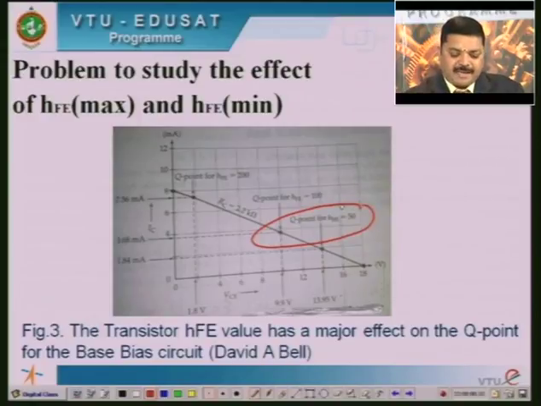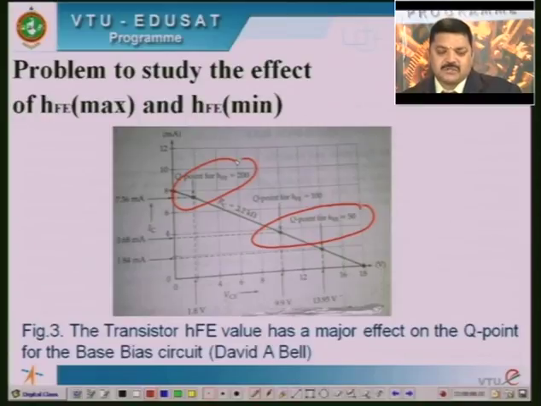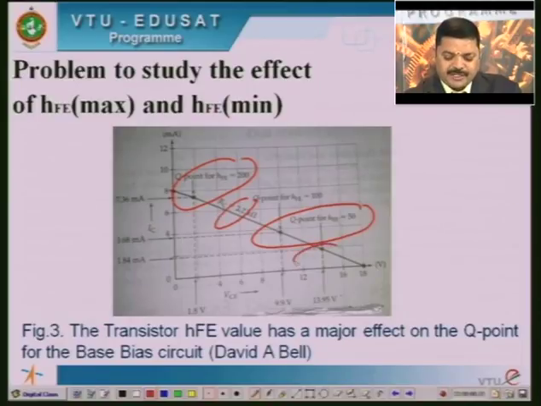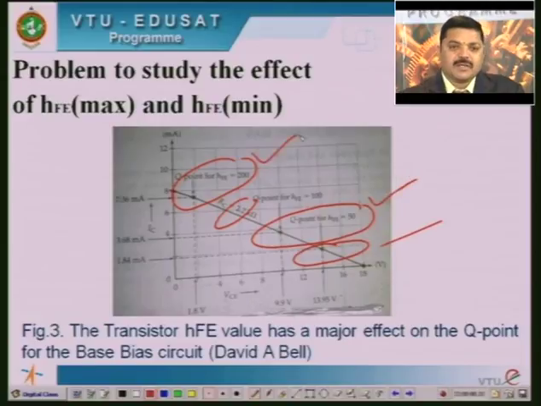For HFE max, the operating point is here, and we also took HFE equal to 100 and calculated that, which comes somewhere here. These 3 points. Now, if we see this graph, the transistor HFE value has a major effect on the Q point for the base bias circuit.